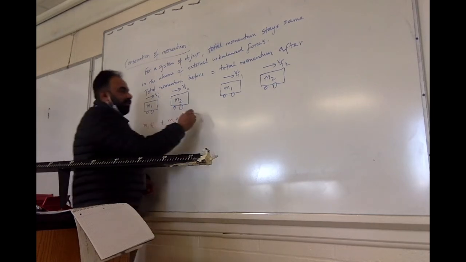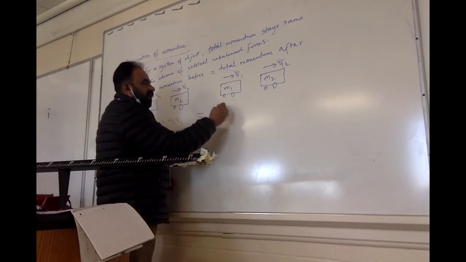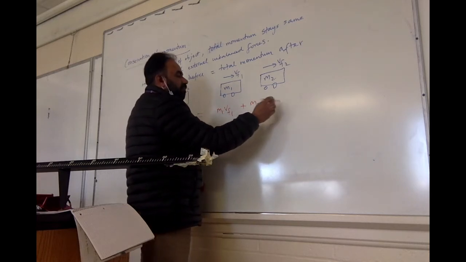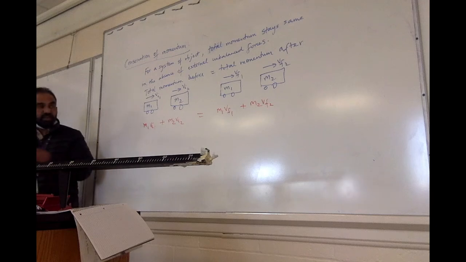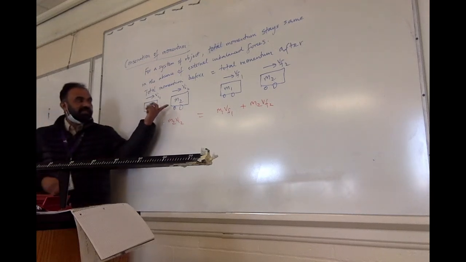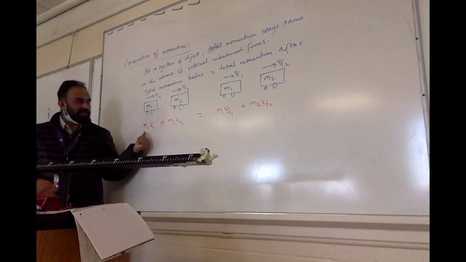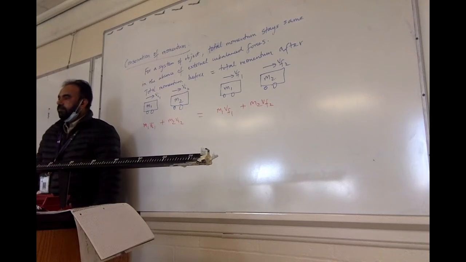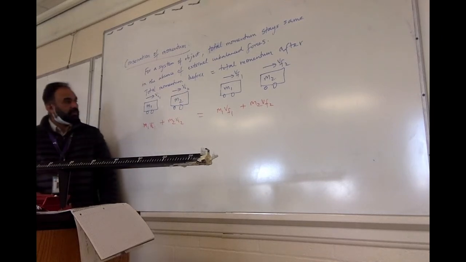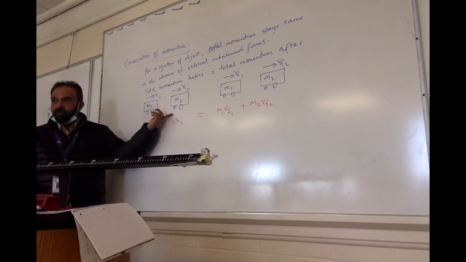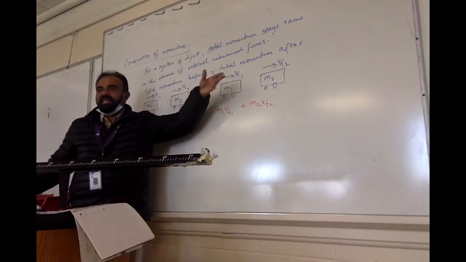That should be equal to m1 vf1 plus m2 vf2. This is the equation for momentum conservation for two objects. If these are bumping into each other, the sum of these two should be equal to the sum of those two. The total momentum of the cars before is equal to the total momentum of the cars after collision.